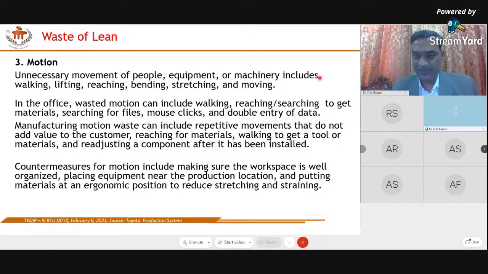The first step is the right hand moving to search for the washer, and then again the right hand moves to search for the nut. That can be reduced. How can we reduce it? We move both hands. Left hand is searching for the bolt, and right hand is searching for the washer.